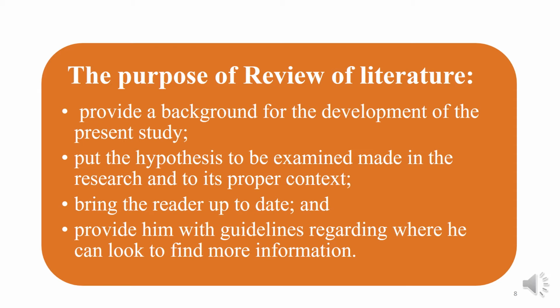The purpose of reviewing previous literature is that it provides a background for the development of the present study. It puts the hypothesis to be examined in the research into its proper context. It also brings the reader up to date and provides him with guidelines regarding where he can look to find more information.